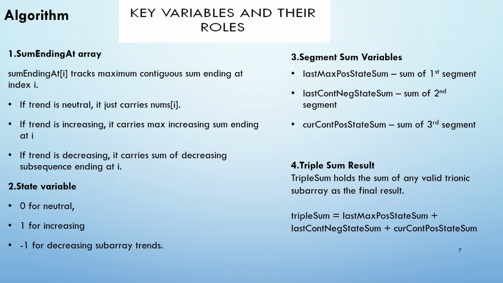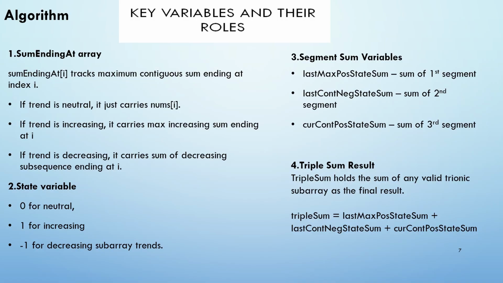Let's understand some of the variables that we'll use in this solution. The first one is sum ending at array. So it is the array that stores the maximum sum ending at that particular index on the same trend, which means if the trend is increasing, it will store the maximum subarray sum ending at that particular index having the increasing trend.